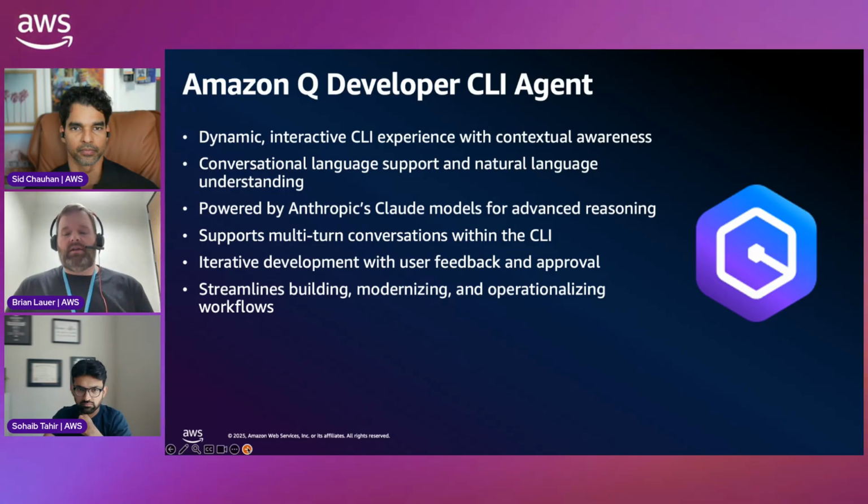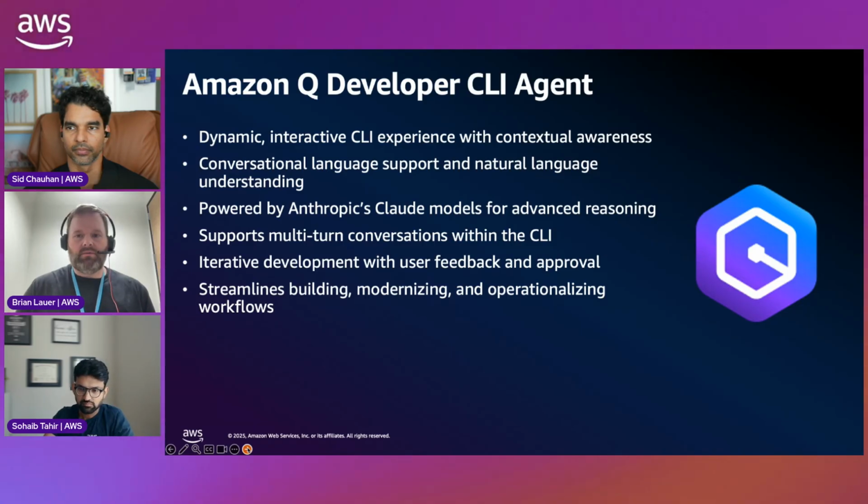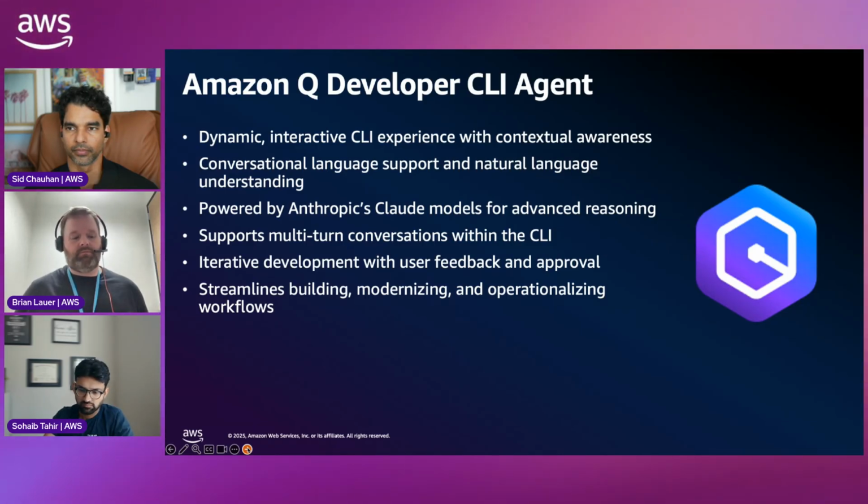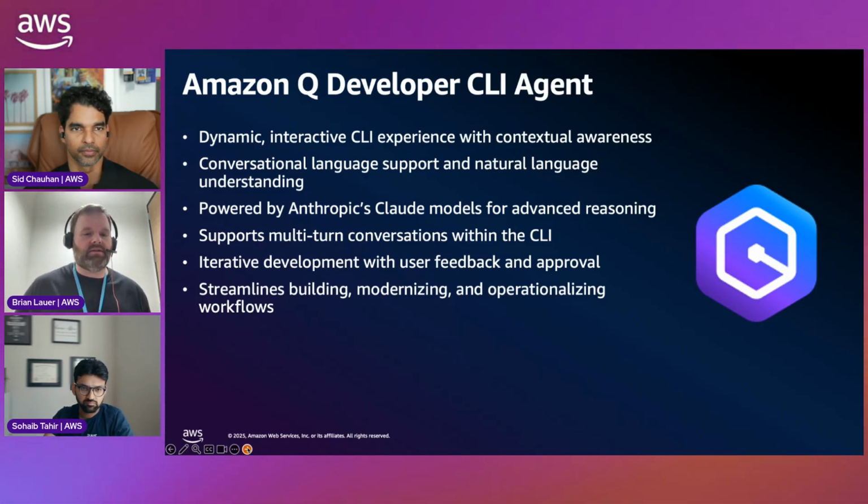And anybody who's been a developer is likely familiar with the fact that development is an iterative process. So I know when I troubleshoot, when I'm writing code or deploying code, I'm always doing some development and then troubleshooting, and the CLI agent can take a lot of that heavy lifting and do a lot of that for you and accelerate the time from idea to deployment from days to weeks down to potentially hours to days.